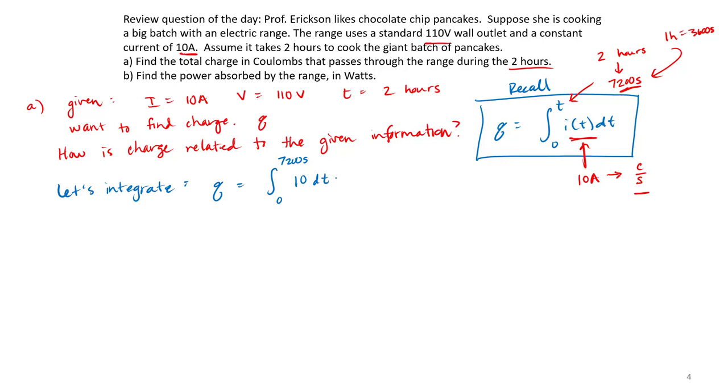If we take our integral, that will be 10t from time t equals 0 to time t equals 7,200. And so finally, we determine that our charge Q will be equal to 10 coulombs per second times 7,200 seconds, which gives us 72,000 coulombs.